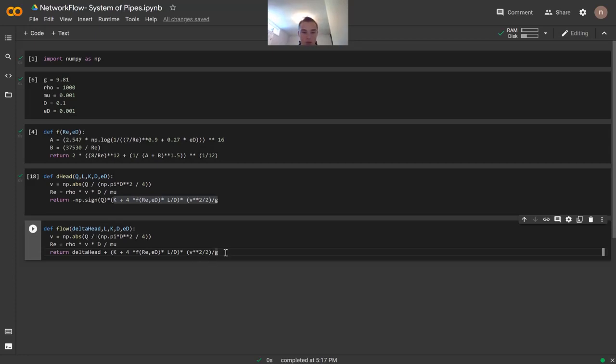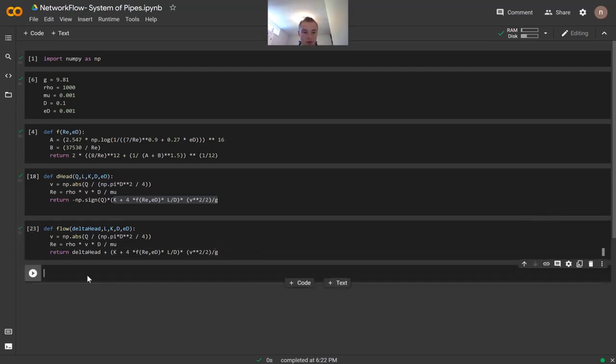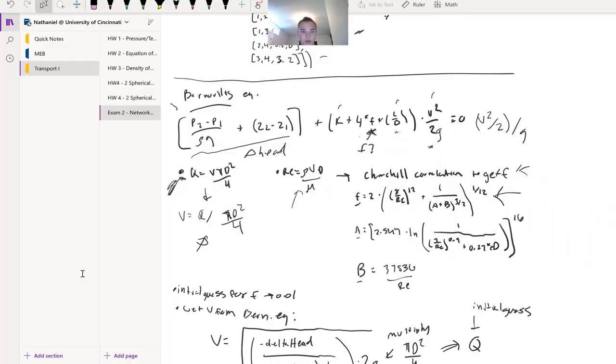And basically we're going to eventually need an initial guess for Q in order to do this. We can go ahead and shift enter this, but we need to drive this equation, our Bernoulli's equation, to 0, because you can see in here that it is equal to 0 from our notes right here.